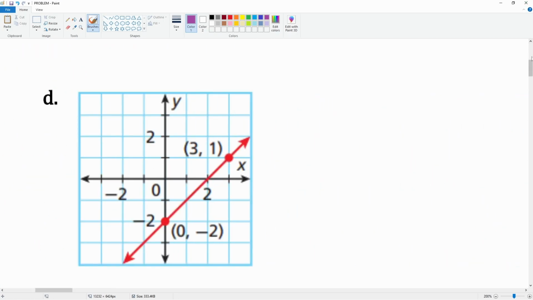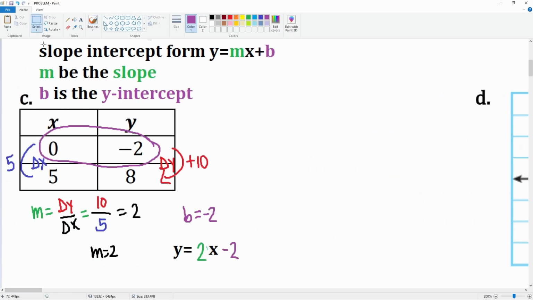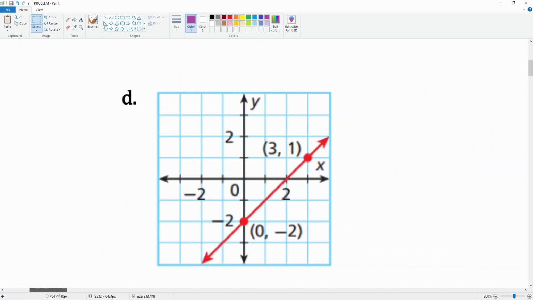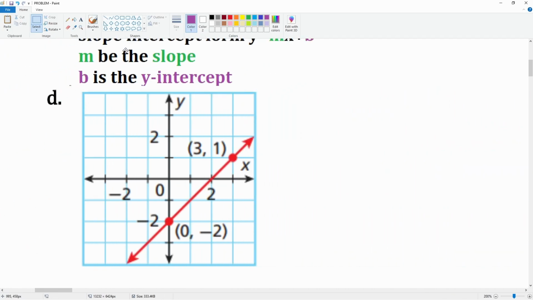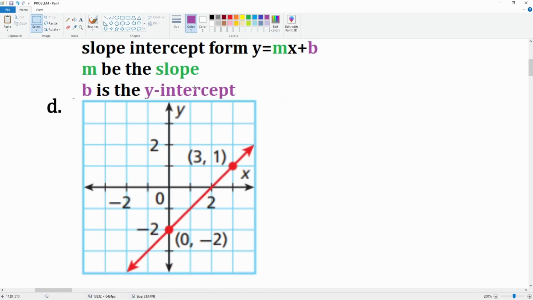Let's look at D here. We want to have the same information. That's going to guide our problem about what the equation is and what the parts are for it. So we need to find out the slope and the y-intercept. We can visually do this. So we count 1, 2, 3. Delta y is equal to 3.